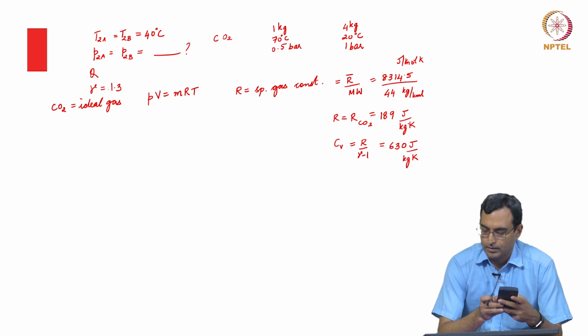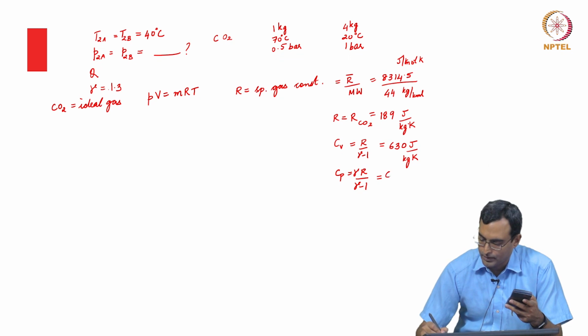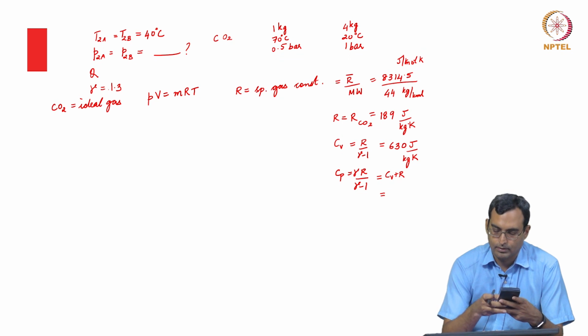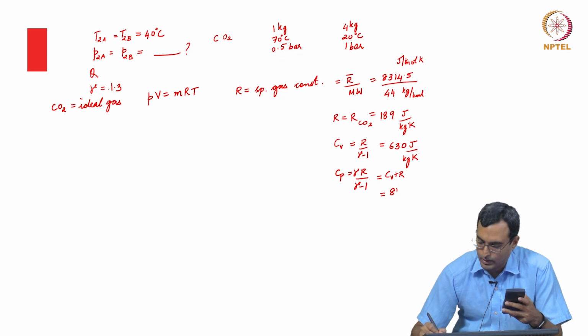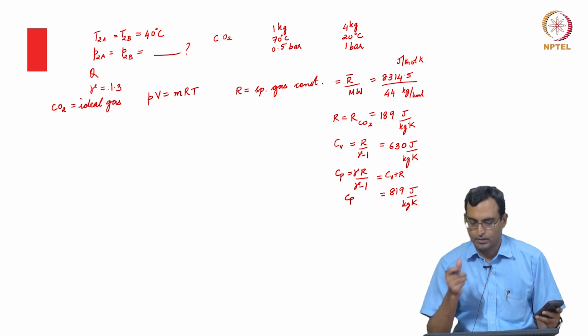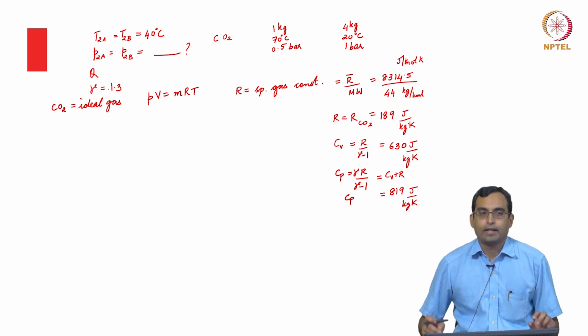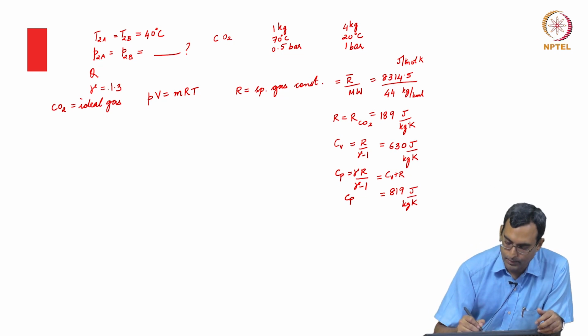And I have Cp, which is gamma times R by gamma minus 1, or which is also equal to Cv plus R. So, that is 630 plus 189, which is about 819. So, I have these values. What I am going to do is take both of these tanks together as my system.